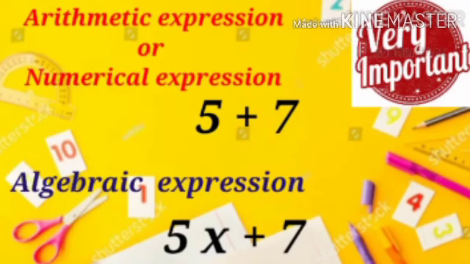Students, now we are going to recall once again a few terminologies which we will have to encounter frequently. For example, 5 plus 7 can be called a numerical expression or arithmetical expression.